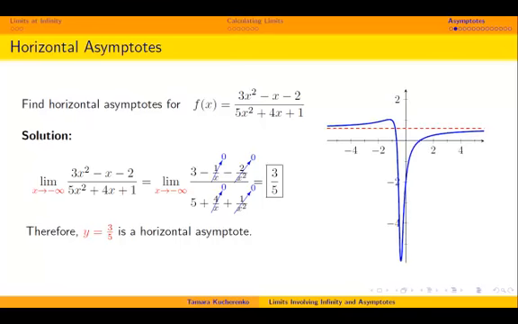We can see on the graph that the curve gets closer and closer to the horizontal line y equals 3/5 when x increases to positive infinity and when x decreases to negative infinity.